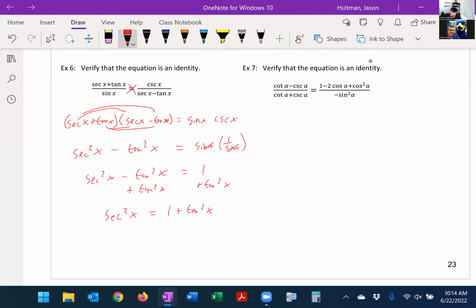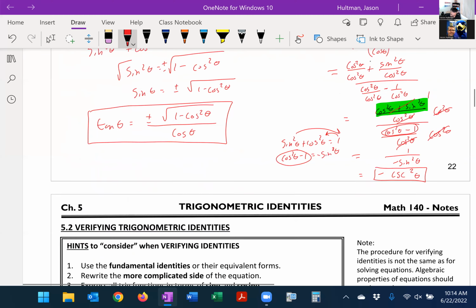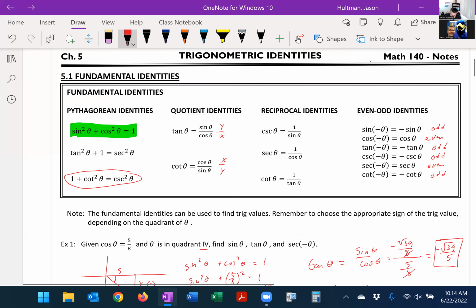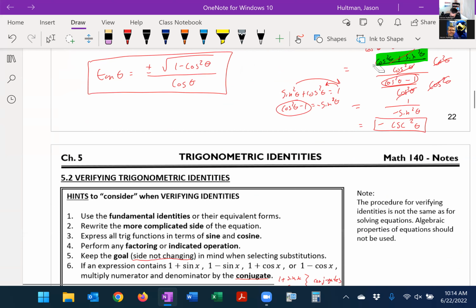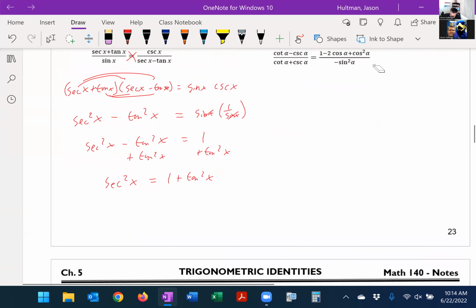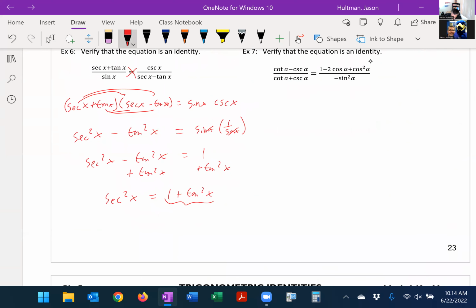That is true, because when we go back to our fundamental identity, secant squared x does equal 1 plus tangent squared x. So 1 plus tangent squared x is equal to secant squared x. So secant squared x does equal secant squared x, and that checks.